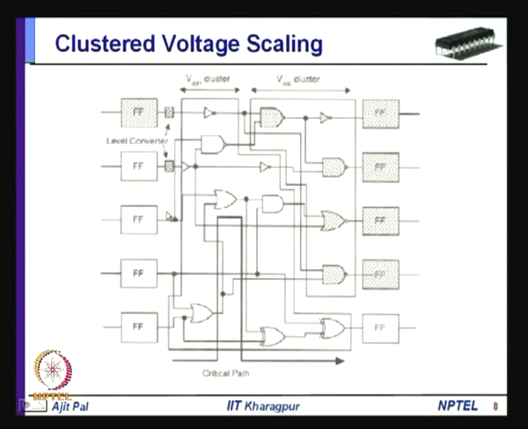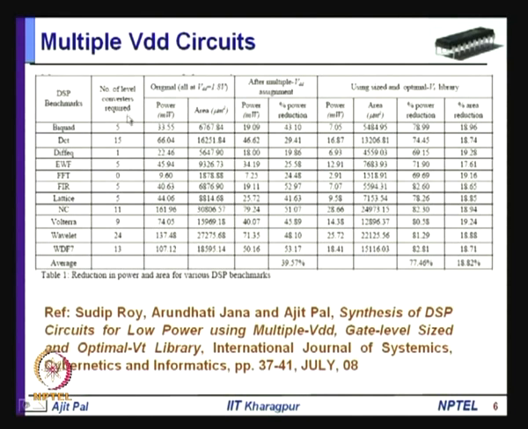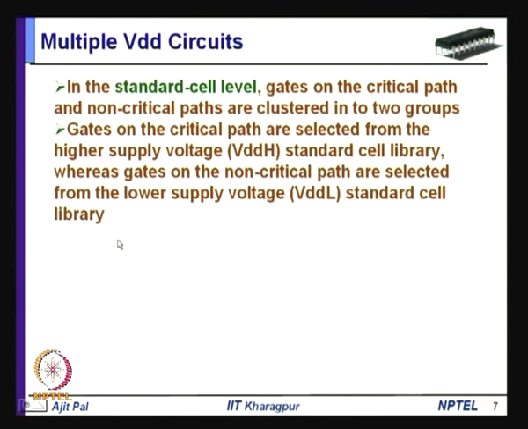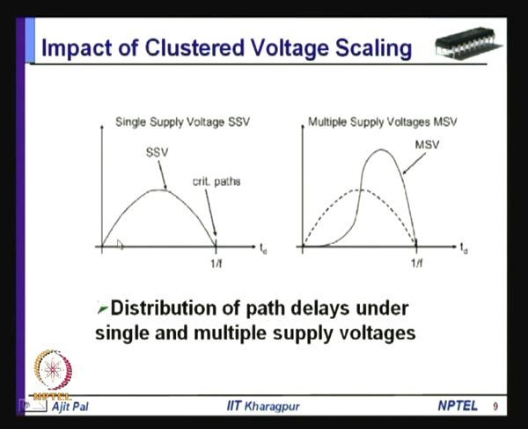In this table the number of level converter requirements have been given. I did not discuss it now, but later on we shall discuss where a level converter is needed. Okay, so this is how the clustering can be done.